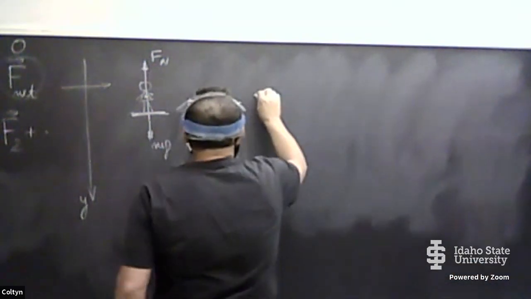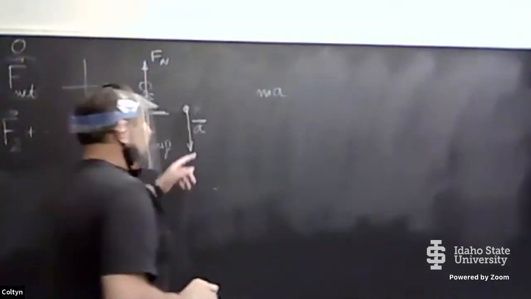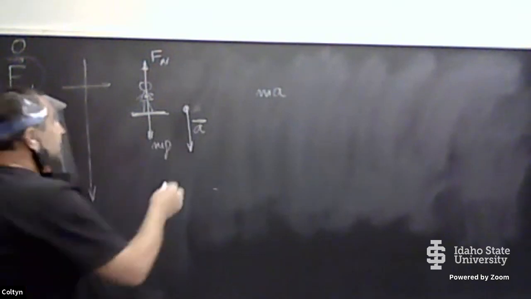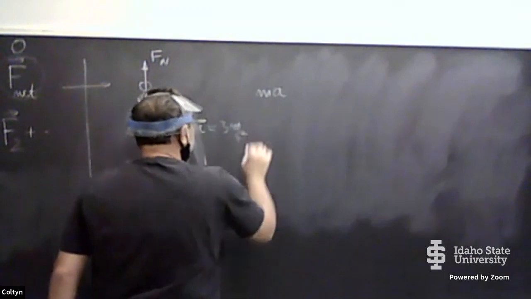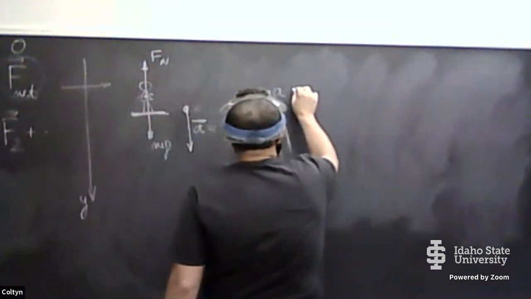So mass times the acceleration of your body, and we said the acceleration of your body is a certain acceleration, let's say 3 meters per second squared, in the downward direction, so it is positive, should be equal to the net force.